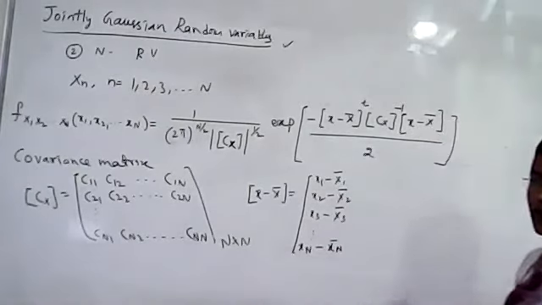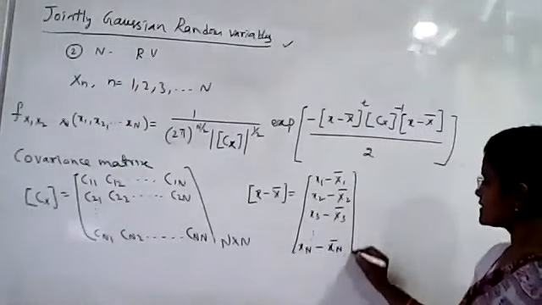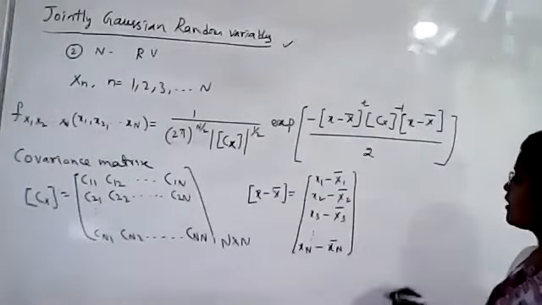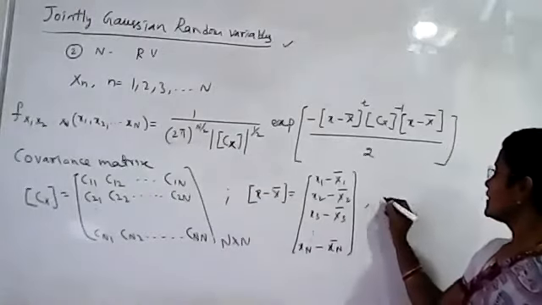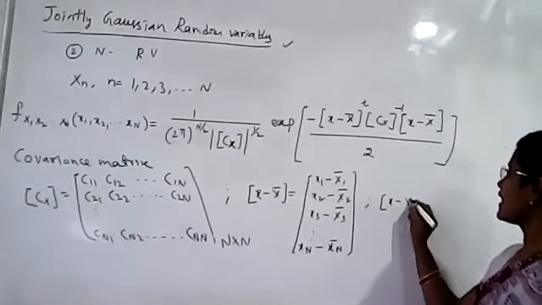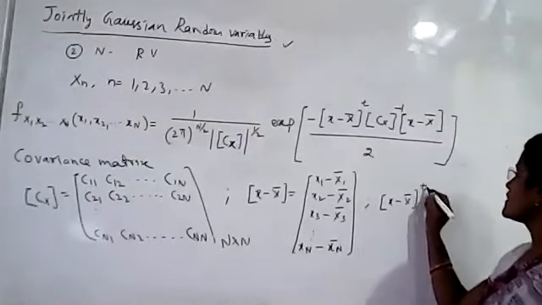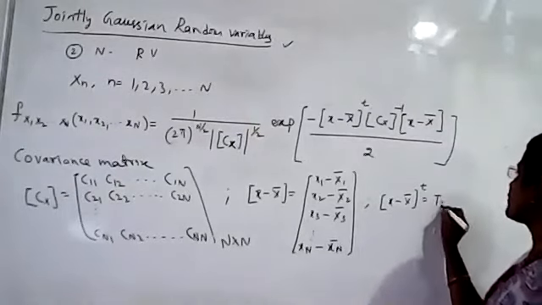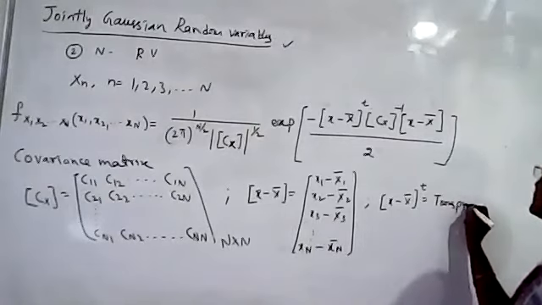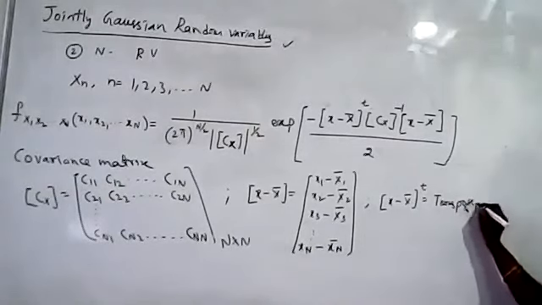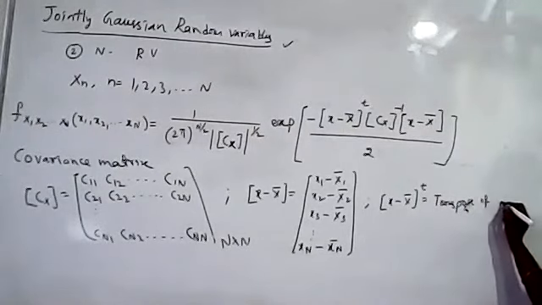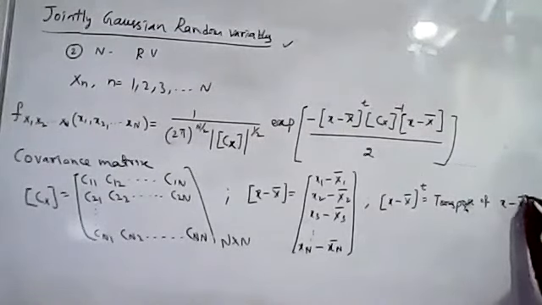These are the n random variables. Now, what is x minus x bar transpose? This T indicates the transpose of the matrix x minus x bar.